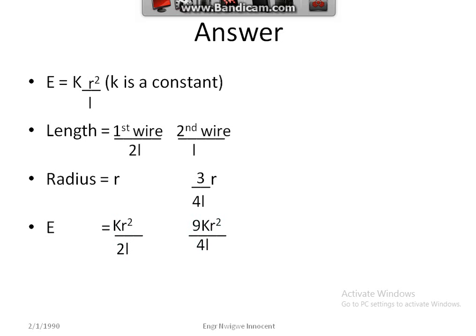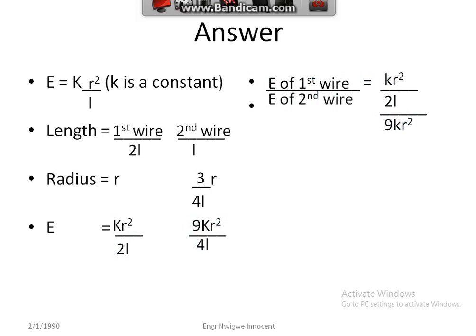Dividing equation 1 and 2, we have E, that is the conductivity of the first wire, over the conductivity of the second wire, is equals to K r squared over 2L all over 9K r squared over 4L.